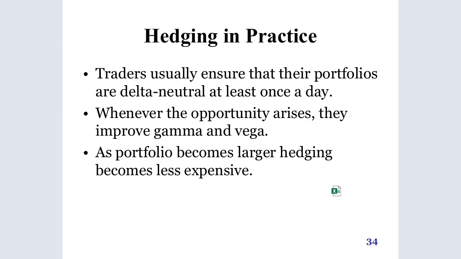Now, traders usually ensure that their portfolios are delta neutral at least once a day. Whenever the opportunity arises, using options, they will hedge and improve their gamma and vega. Also, as the portfolio becomes larger, hedging becomes less expensive. Why?